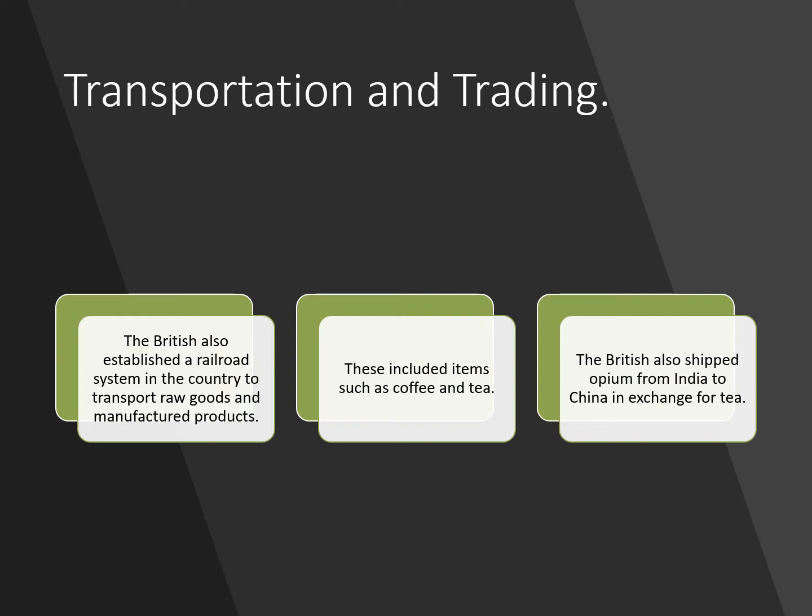Opium is a very addictive drug, still is today, and in the 1800s many Chinese were becoming addicted to this very deadly drug. For the time being, we just need to know that the British did ship opium from India to China in exchange for tea.